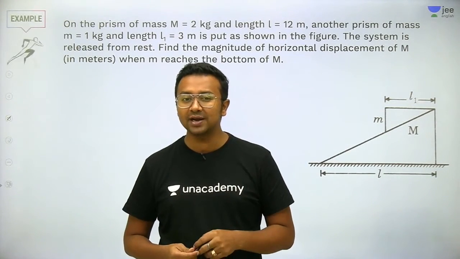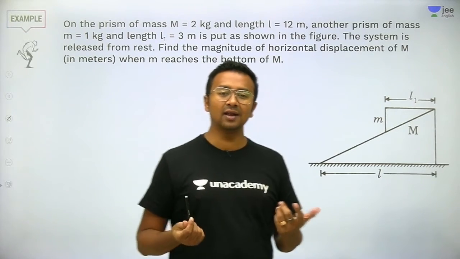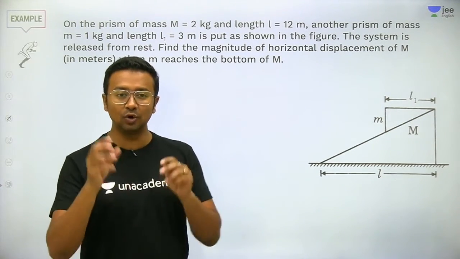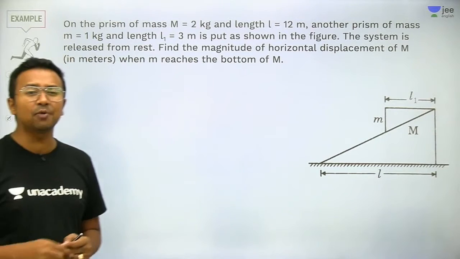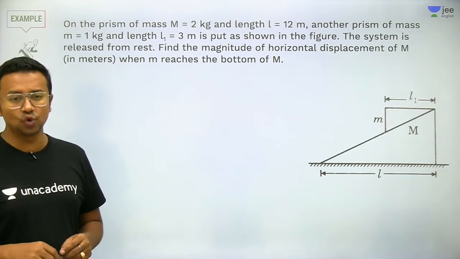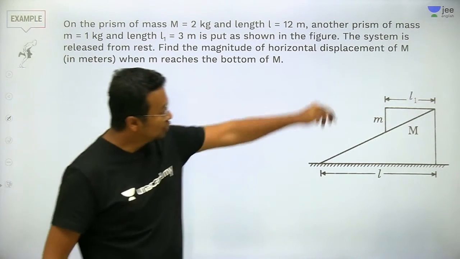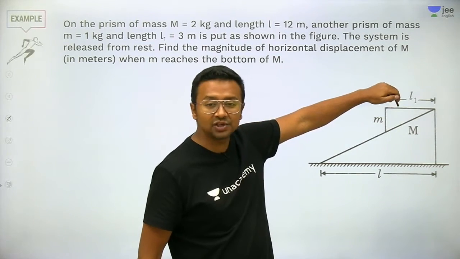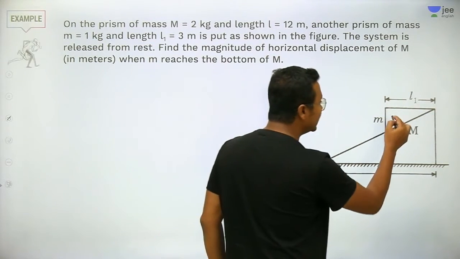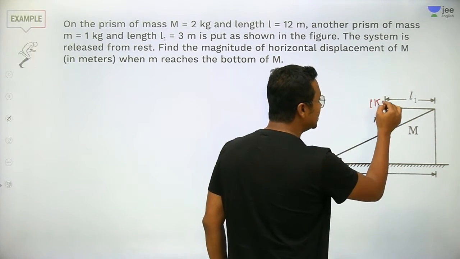That is the most important thing here, that we are learning alternative ways to look at the same problems that you must have learned so far. We had this block of mass small m. This small m has a mass of 1 kg.